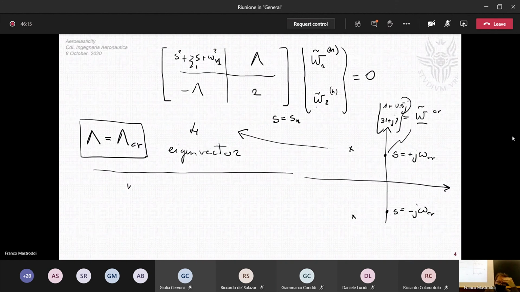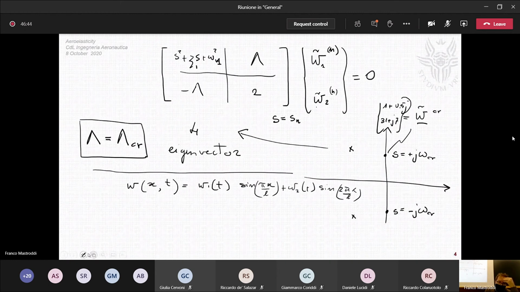The final solution is of this type. I have in general W1, function of t, by the sine pi x by L, plus W2 by the sine 2 pi x by L. I'm recalling that I have a mode shape here, like this, and a mode shape here, like this.